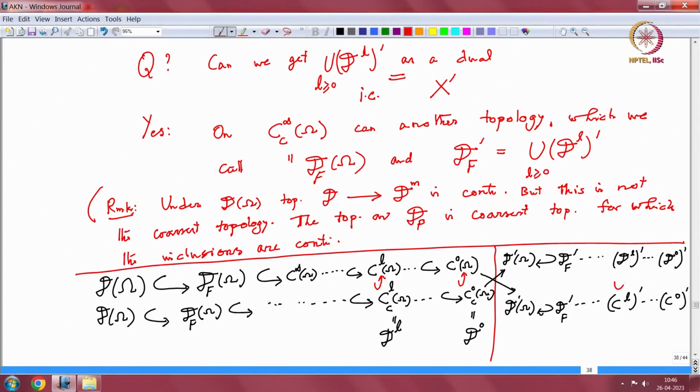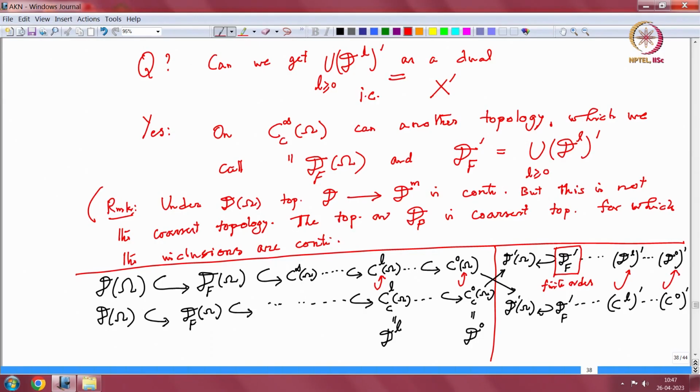So, you have this one and that one. And this is the stage where you get the set of all finite order distributions. So, you have your complete inclusion analogy of where the distributions are.